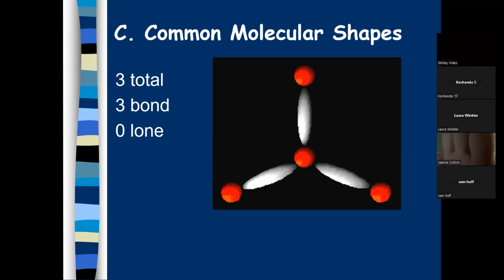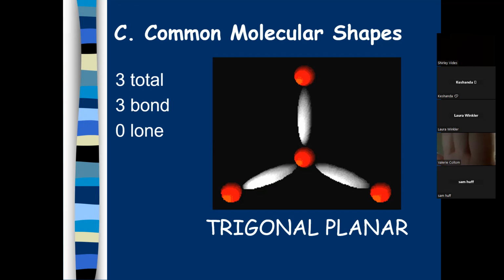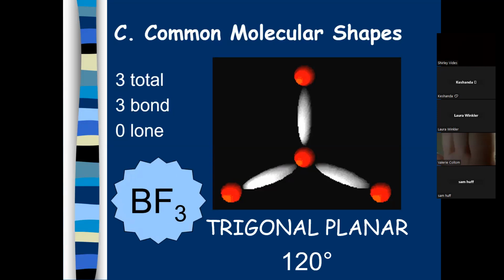That would be 120 degrees. And the name of it is a trigonal planar. So it's as if you drew a triangle on paper. It's flat. That's why the planar part and the trigonal is triangle. So a flat triangle is what you're drawing. And there's your 120.